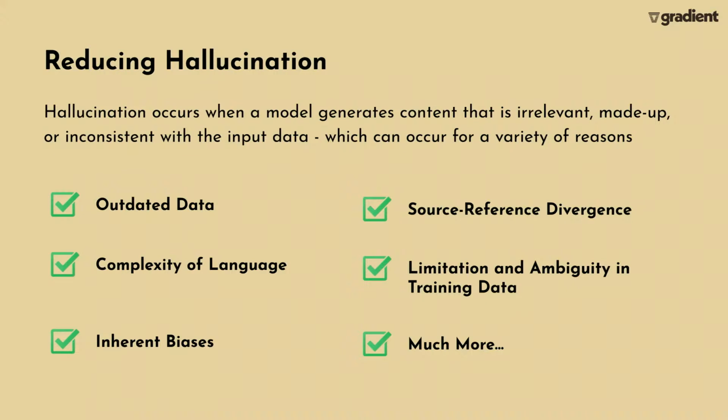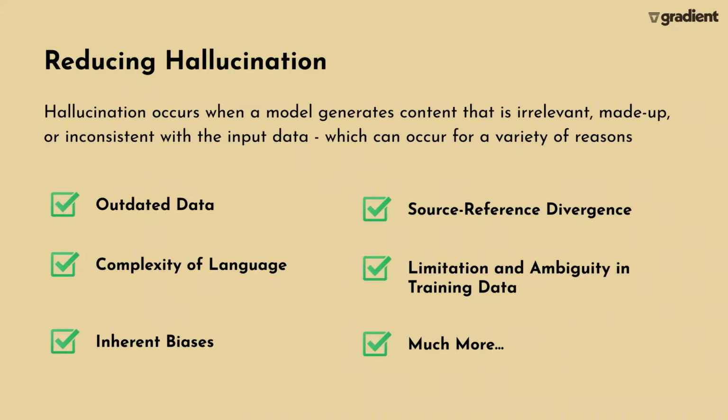There's been a fair amount of research as to the cause of hallucinations. A lot of that research points to deficiencies in the underlying training data. Right, so some causes might be just the training data is outdated, right? You're asking the model a question on information that is now updated since the training data.